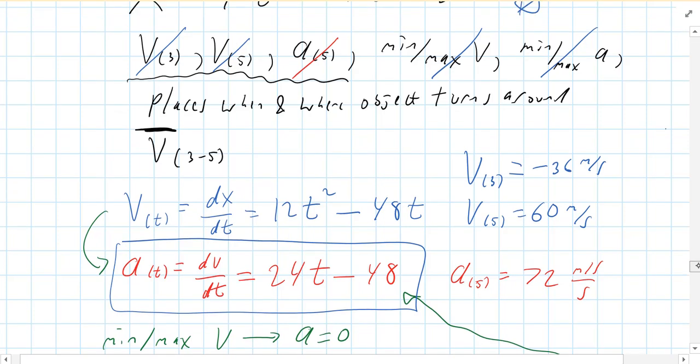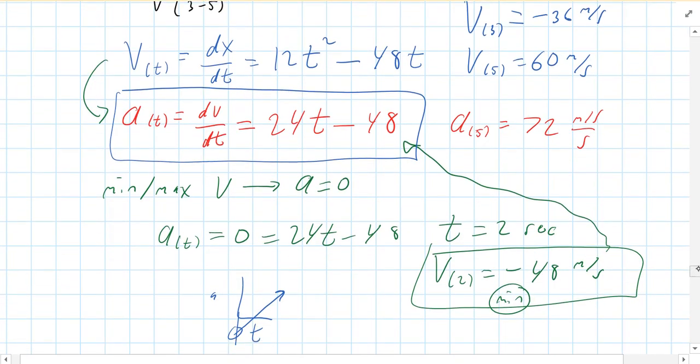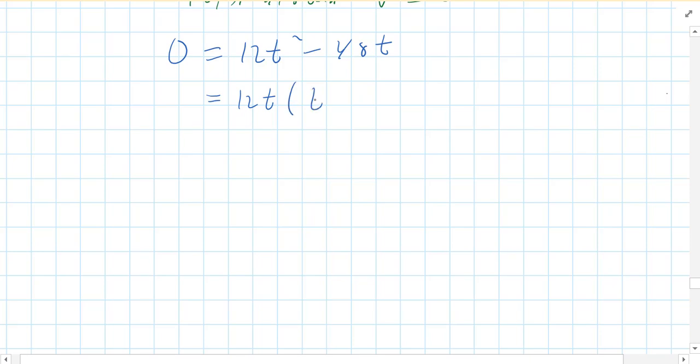So we're going to take our velocity equation, 12t squared minus 48t, and set it equal to 0. So you have 0 equals 12t squared minus 48t, and then we can factor a 12t out, and you get 12t times (t minus 4). So there are 2 times when this thing turns around, 0 seconds and 4 seconds, okay?